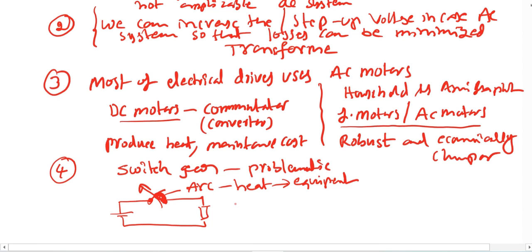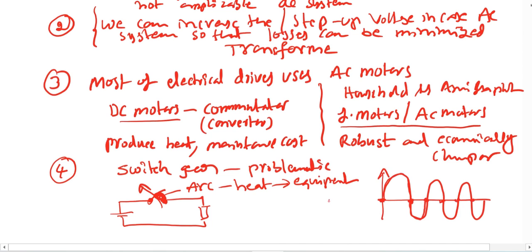But this is not the case if you go with the AC system, because here my alternating current is coming like this. This alternating current has a varying maximum, going and coming to 0 as well as to the negative side.